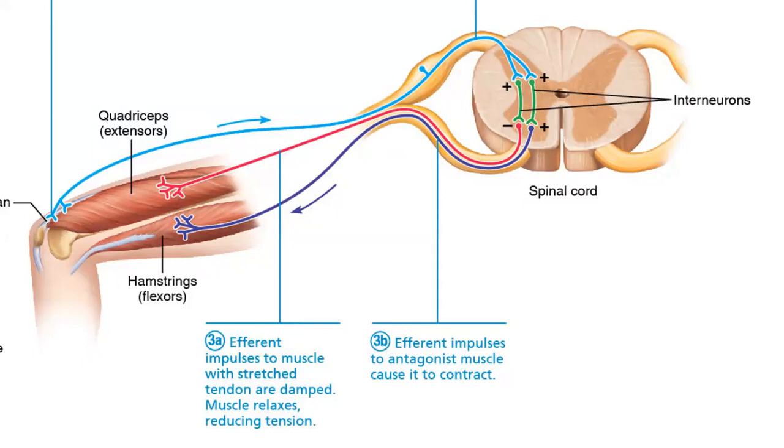We're not having that communication. Efferent's not there, so this one is just spazzing out. And that's when we see children and all these other videos that I showed you of the spasms, because we have an error in the communication loop. And again, efferent impulses to antagonist muscles cause them to contract. So we always have this balance, this homeostasis going on.